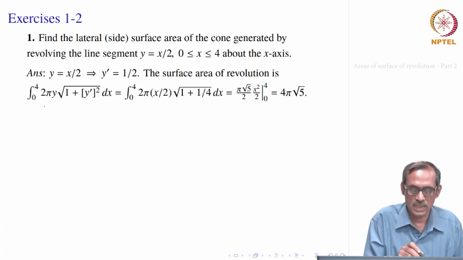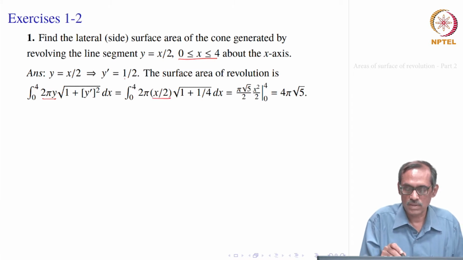So, the surface area will be the integral from 0 to 4 of 2 pi y times square root of 1 plus y prime squared. So, 2 pi y is 2 pi times x by 2, and the root is square root of 1 plus 1 by 4.